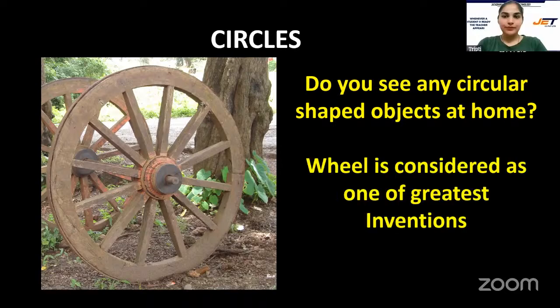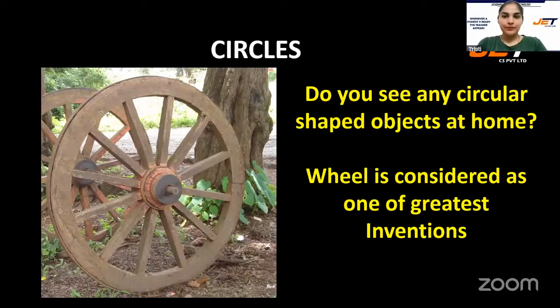You can reach a particular place within no time, right? Instead of walking. Walking takes a lot of time. But if you have a cart with wheel, then you can move easily, right? It will take very less time. So that is why we say that wheel has impacted human life, human civilization a lot.